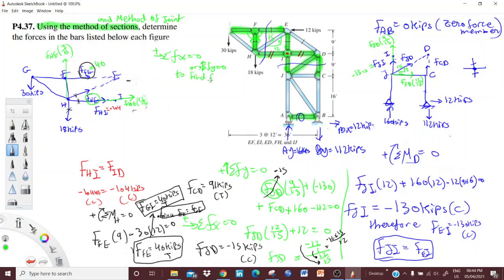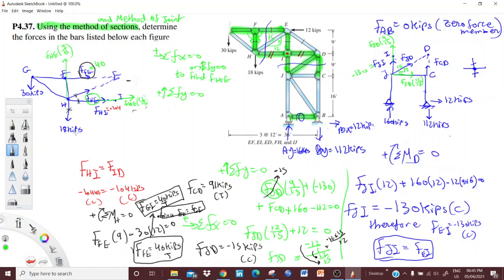To find FHE, you choose either the summation of Fx or summation of Fy. I will choose the easier one. Let's say summation of Fy equal to 0, upward force positive.